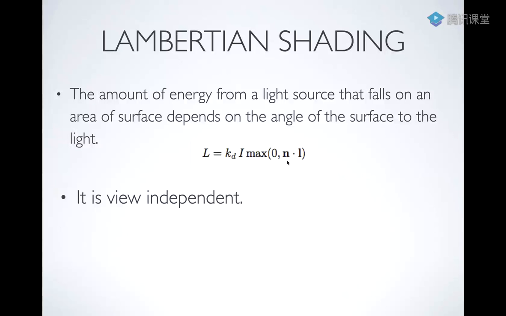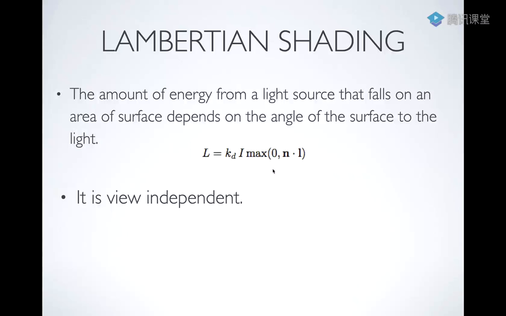If they're nearly perpendicular to each other, or the angle is almost 90 degrees, this is 0, so it means very dark. The reason we use the max function is because we want the value of the brightness, and the brightness should be bigger than 0, so it's a positive number.